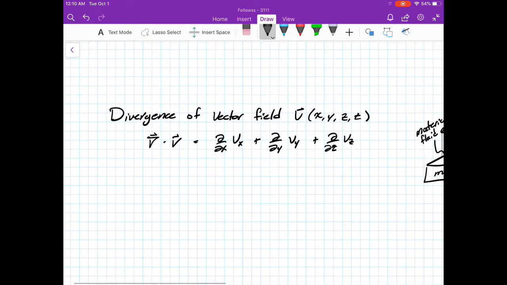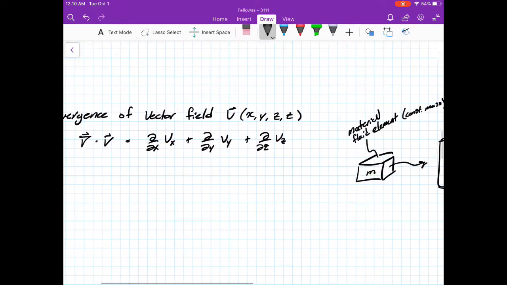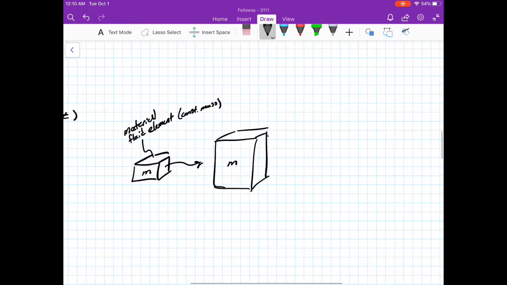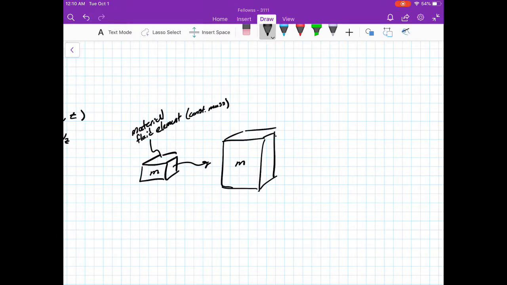Moving on to the divergence of a vector field, right? We'll talk about it in the context of velocity, and specifically we'll use some lingo that's specific to velocity fields.